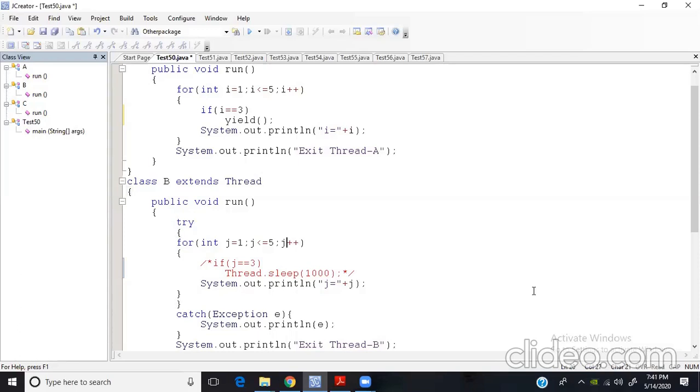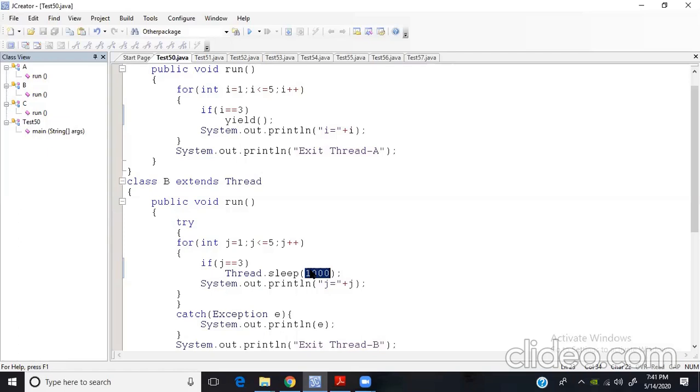And what does the sleep method do? The sleep method I just discussed. From a running thread, we can suspend a thread for a stipulated time that I pass as a parameter of the sleep method, and the parameter is in milliseconds. When I'm writing 1000, that means 1000 milliseconds.